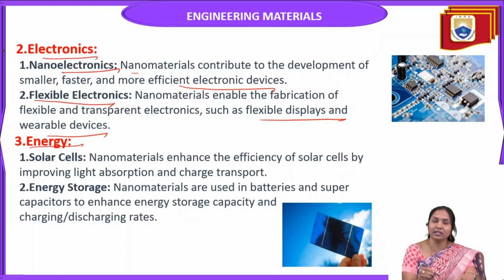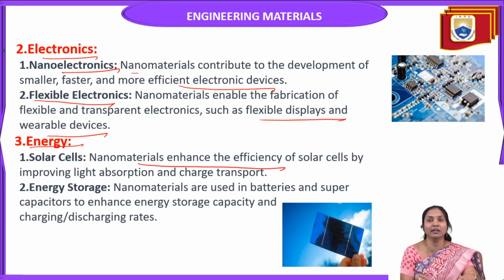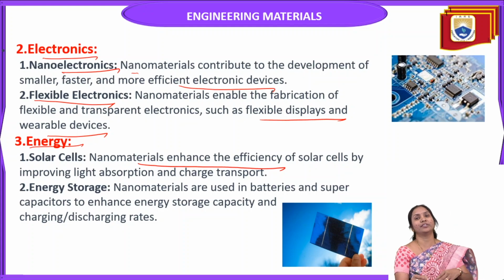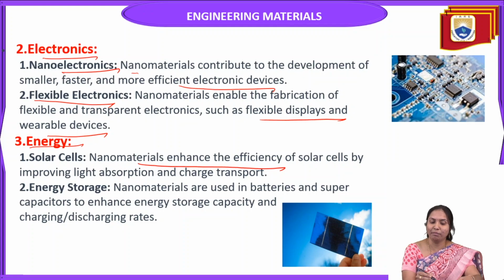The next one is energy. Here we mainly discuss solar cells and energy storage. Nanomaterials enhance the efficiency of solar cells by improving light absorption and charge transport. The next one is energy storage.